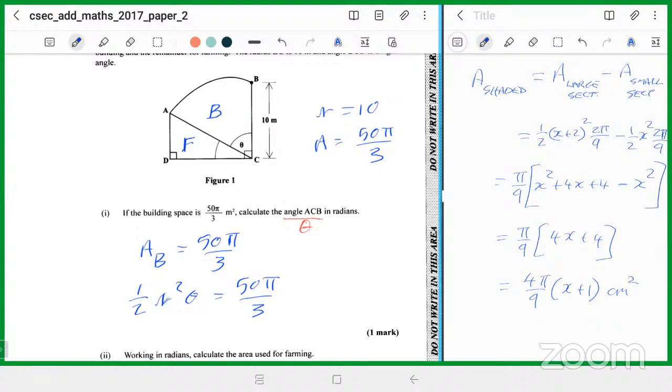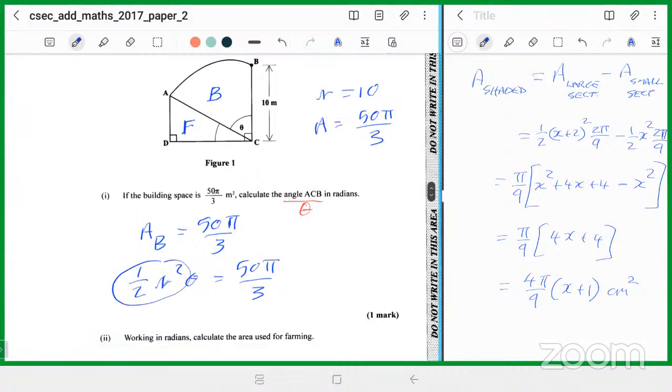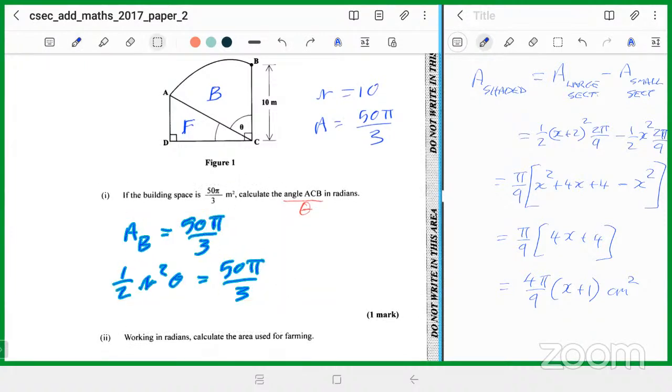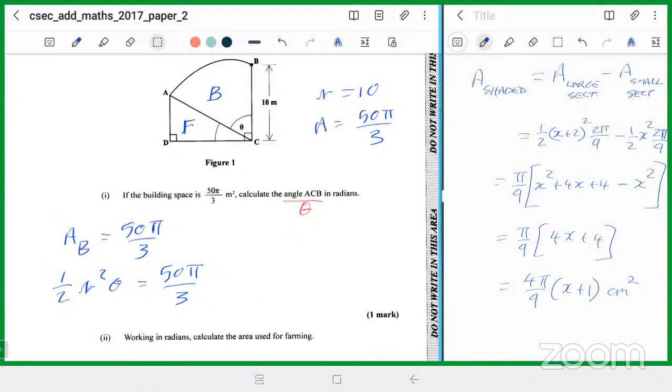We're trying to find the theta. So we basically need to divide by the half r squared. Let me shift this over so we can have some more space to work. They don't give a lot of space to work these questions. So the theta would be, I'm going to multiply up this 2 and divide under the r squared.